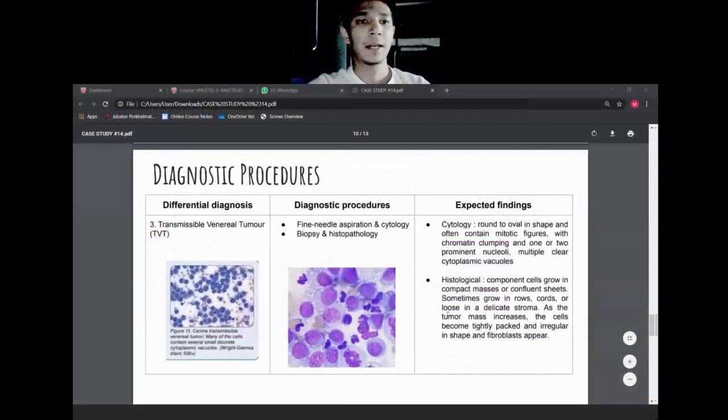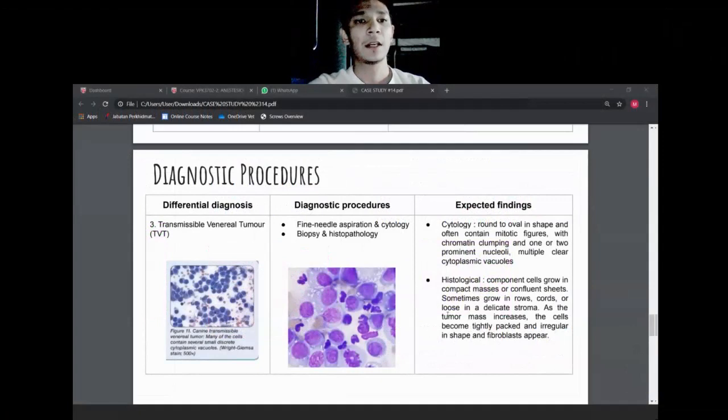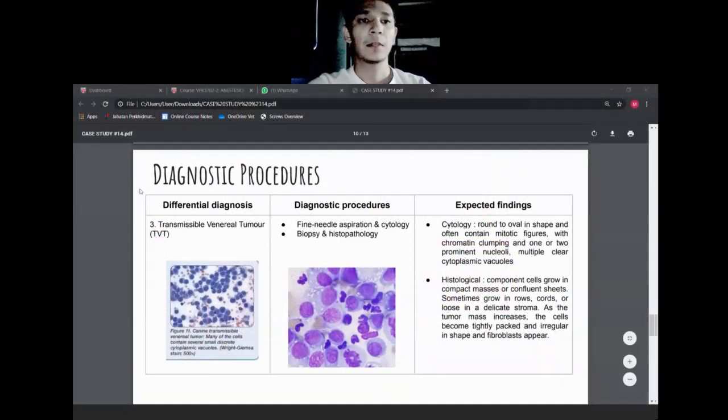I will be presenting the diagnostic procedures for our third differential diagnosis, which is transmissible venereal tumor or TVT. The diagnostic procedures that can be taken are a fine needle aspiration followed by cytology and a biopsy followed by histopathology.